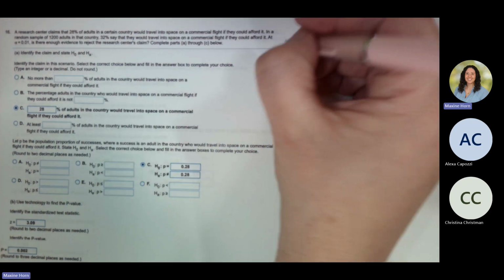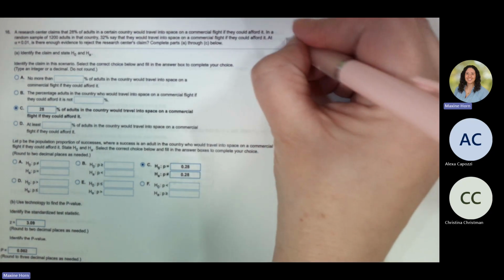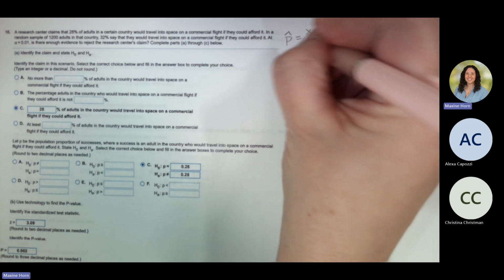All right, so again, we're just doing this problem from top to bottom, but we have to remember that this is a proportion, right? Because we're talking about percentages here. So when we're dealing with percentages, we need to remember that your p hat is your x over your n, right?